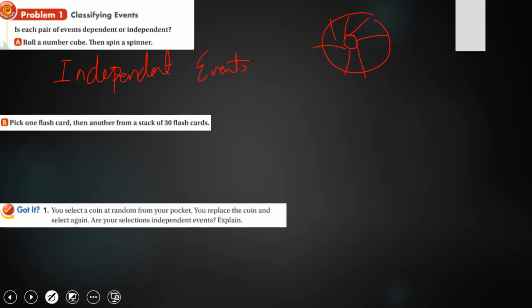If I choose Maya from the class, then I come to take the other girls. Are these two events dependent or independent? Dependent. They are dependent, the events.